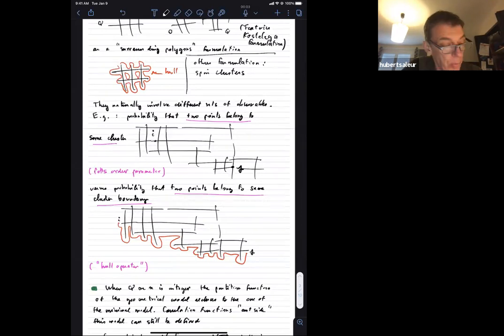In the first case, the probability that 2 points belong to the same cluster is illustrated on this diagram here. And that simply means we're asking ourselves what is the probability that two sites i and j belong to the same cluster. This corresponds to the Potts order parameter in the ordinary Potts model.